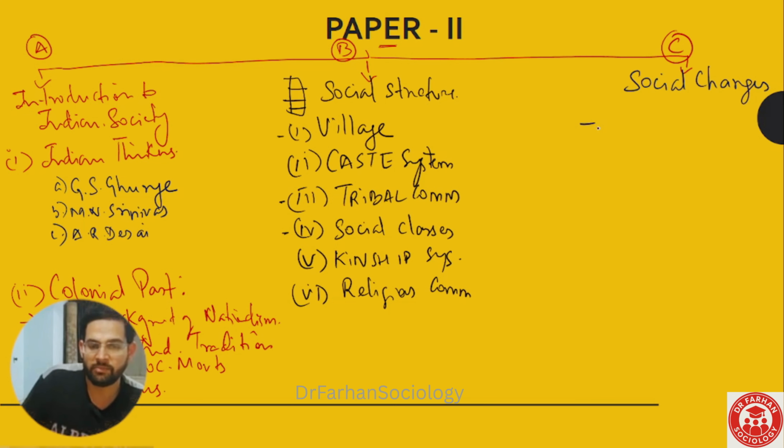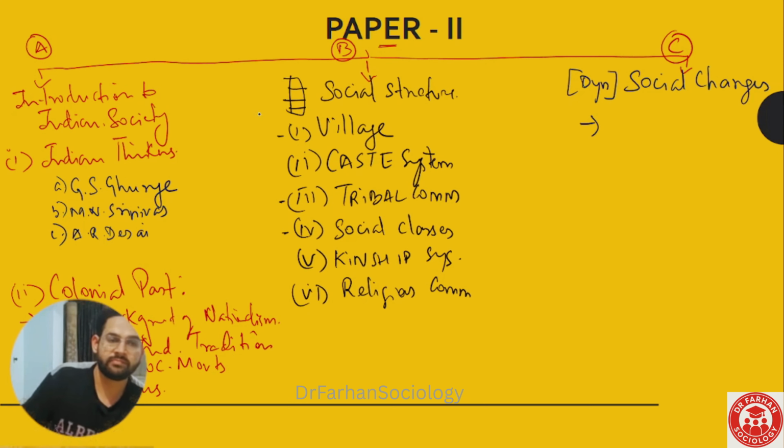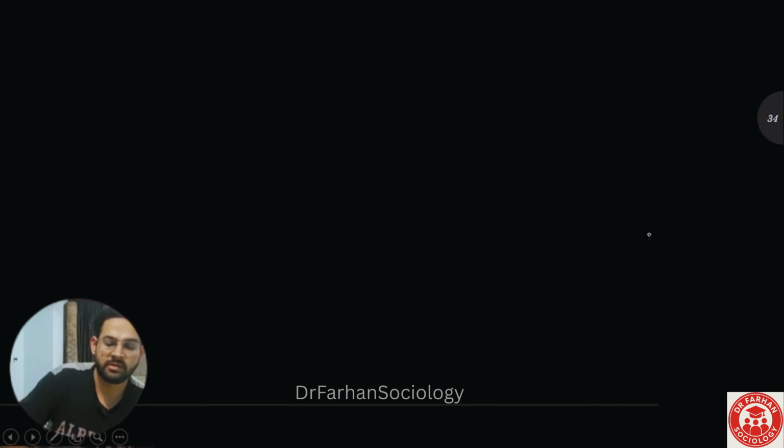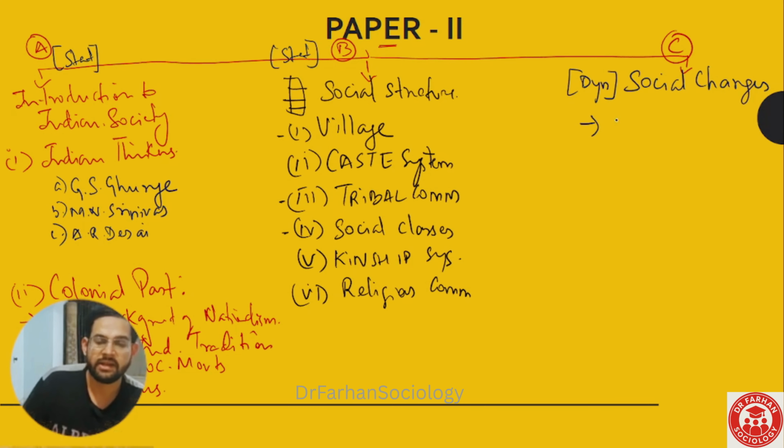So the first topic that we will be looking over here is the part C. This is considered to be as the dynamic part of the syllabus. Because part B will be considered to be as a static part, part A will be considered as a static part, but the part C is the dynamic part.